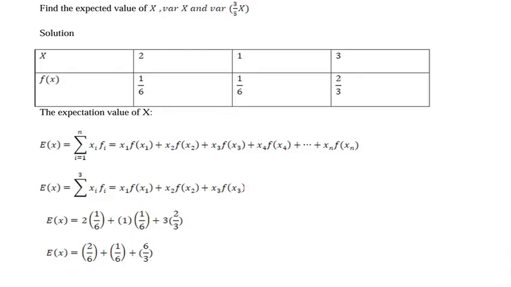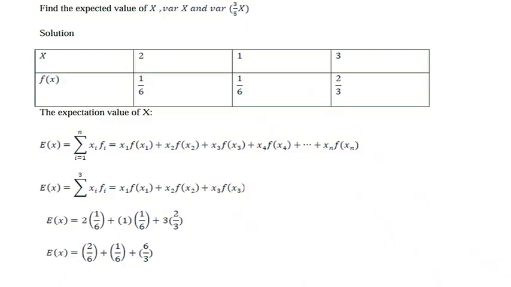Which is equal to x1, that is our 2, times f of x1, which is 1 over 6, plus x2, which is 1, times 1 over 6, plus x3, which is 3, times 2 over 3.